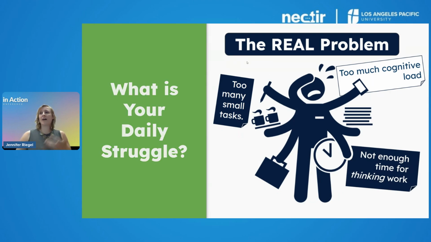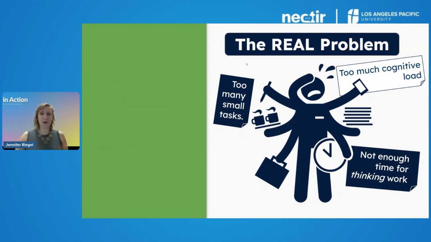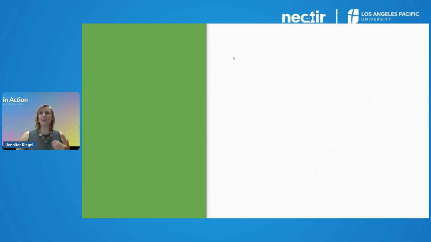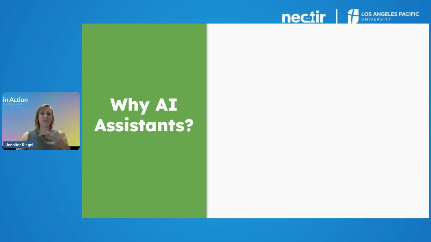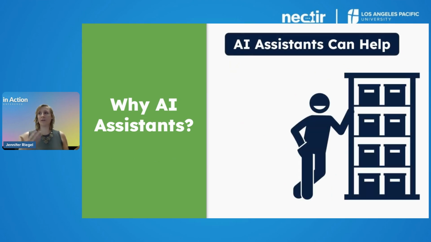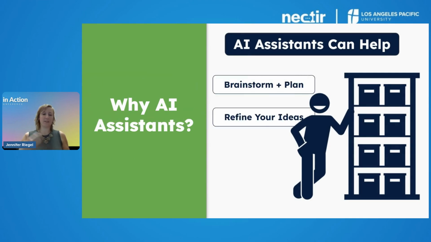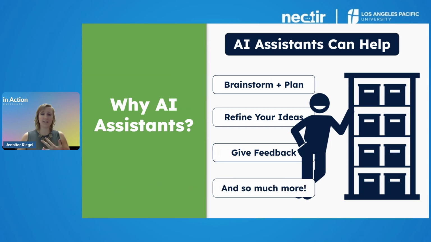And that's where I think AI assistants can really help and streamline it, because it can guide these types of tasks along and just make them go faster. They can help brainstorm and plan, they can refine ideas, they can give feedback, and they can do so much more. It just all depends on how you set it up.